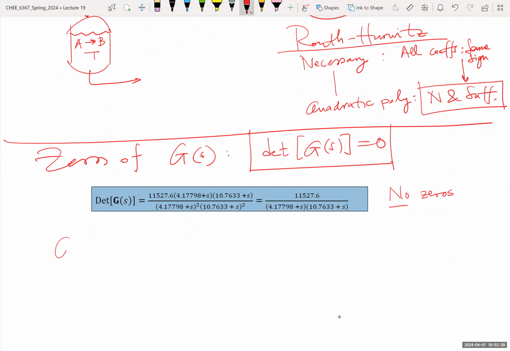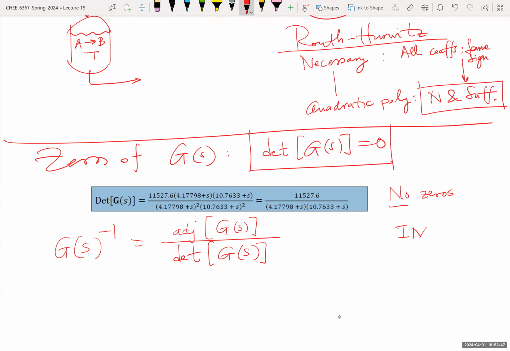So if we want to look at the inverse of G(s), it's the same story again. It's the adjugate of G(s) over the determinant of G(s). So for good control, if you apply the IMC method, you will want this to be stable. If it's not stable, you have to do something and find the closest approximation.